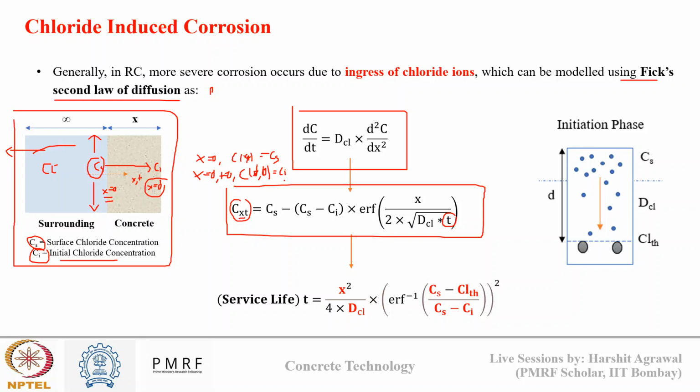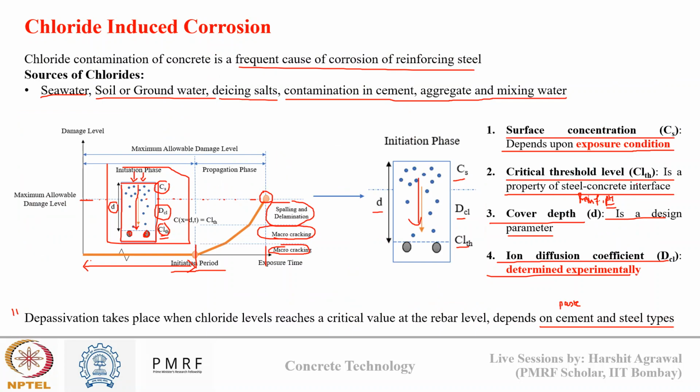Using these two boundary conditions, we have come up with this solution. Now you can see all four parameters that we defined earlier are in this equation: Cs, Cx, Clth, d, and DCl.